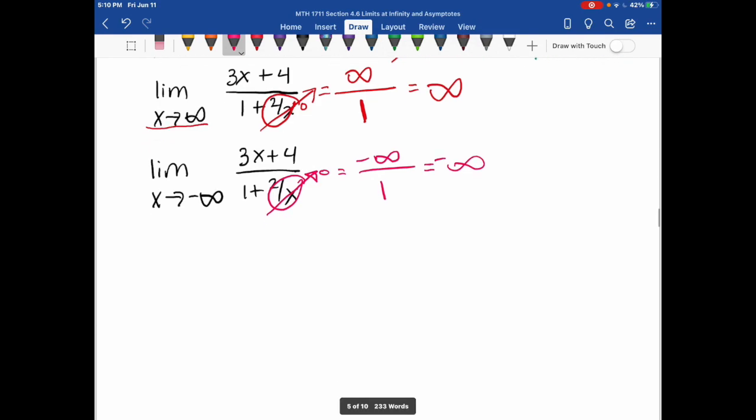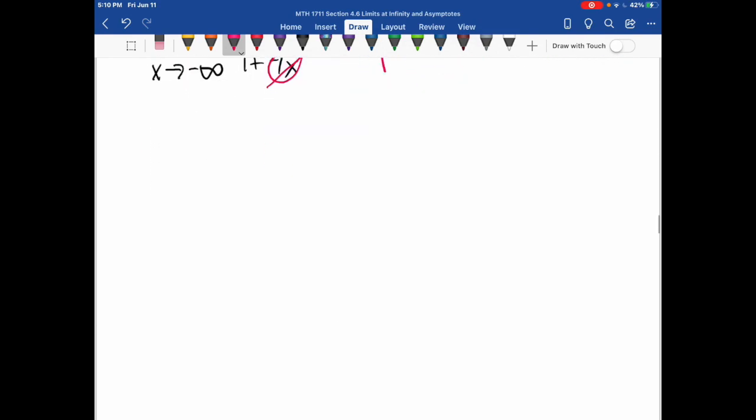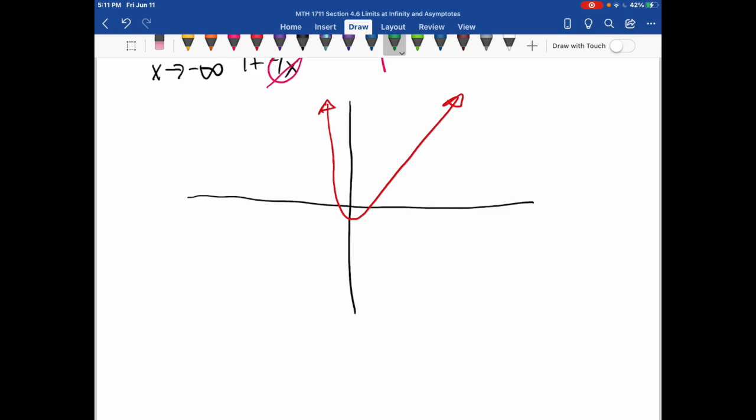Now, when we look at the graph of this function, I'll just do a really quick sketch. This is not accurate by any means. It's just going to look something like this. I'm supposed to have a vertical asymptote here and a slant asymptote here, so it might be easier for me to draw the asymptotes first so I can get the shape a little bit better.